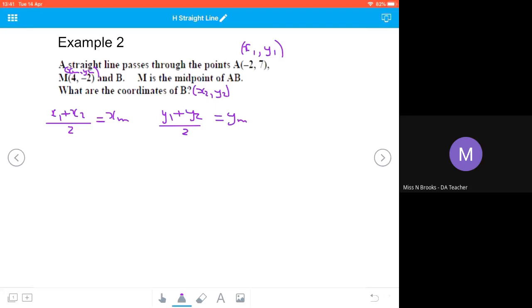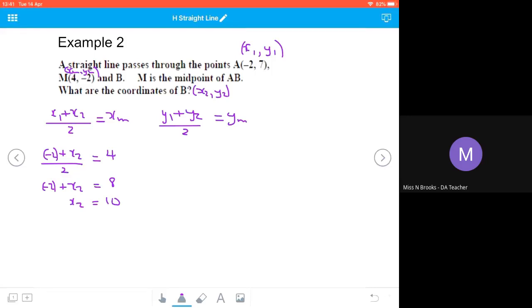So we've got -2 plus x2 divided by 2 is going to give us the value of 4 for our x coordinate. So then we're just going to solve that equation. We're going to multiply both sides by 2 to get -2 plus x2 equals 8, and then we're going to add 2 to both sides to isolate x2, and so that gives us an x coordinate for B of 10.